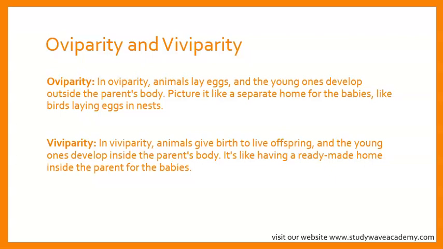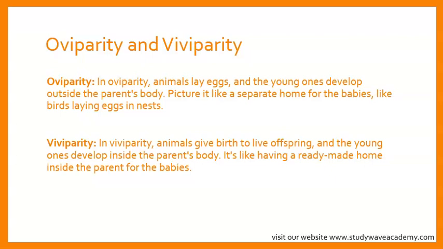And then viviparity. In viviparity, animals give birth to live offspring, and the young ones develop inside the parent's body. It's like having a ready-made home inside the parent for the babies. Do you understand that?